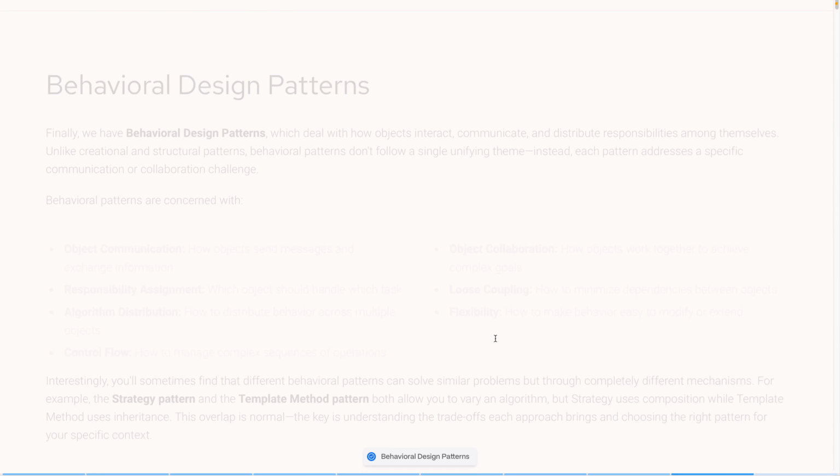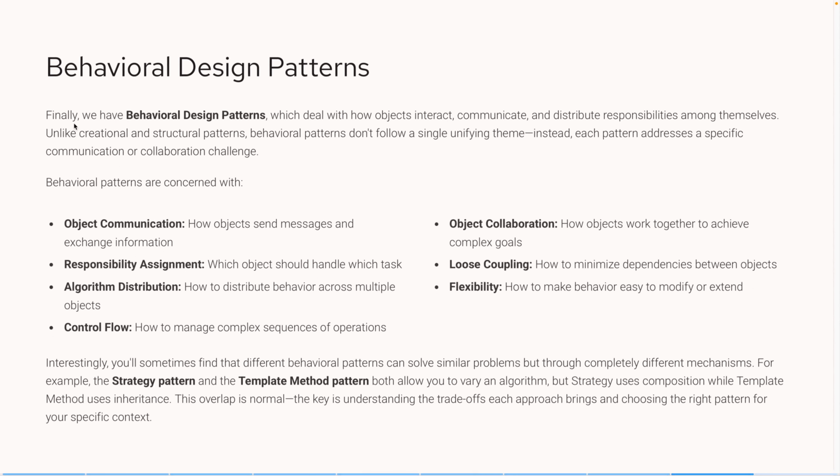Let's go to another one, that is behavioral design patterns. Finally, we have another category, behavioral design patterns. Here it deals with how objects interact, communicate, and distribute responsibilities among themselves. Unlike creational and structural patterns, behavioral patterns don't follow a single unifying theme. Instead, each pattern addresses a specific communication or collaboration challenge.